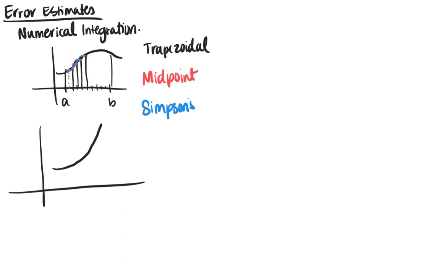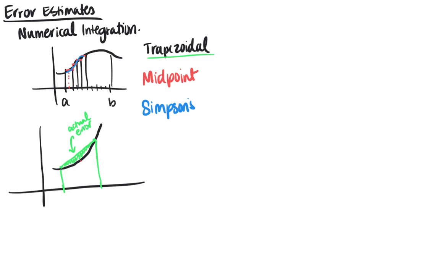If I'm trying to approximate this with a trapezoid, maybe I'll use green for trapezoidal. If it's concave up, then that trapezoid is going to be an overestimate. So this amount here is the actual error for our trapezoid.